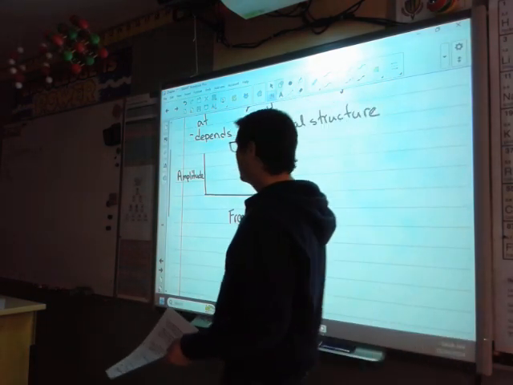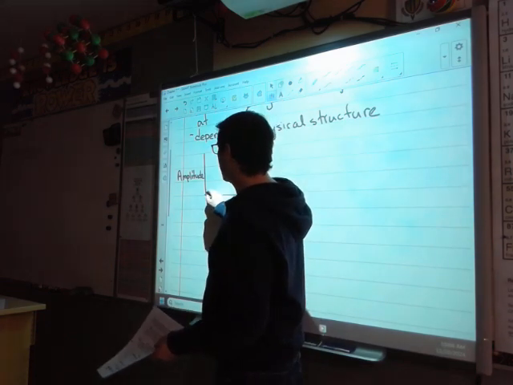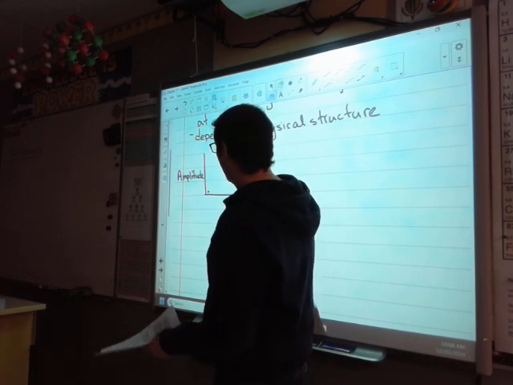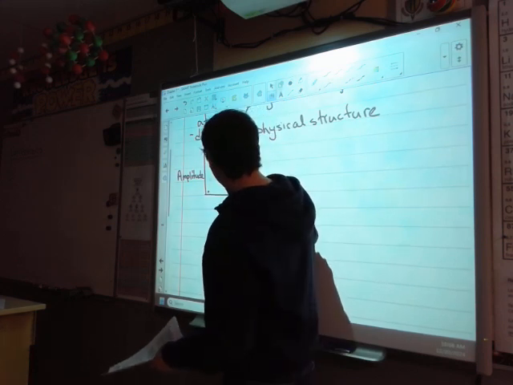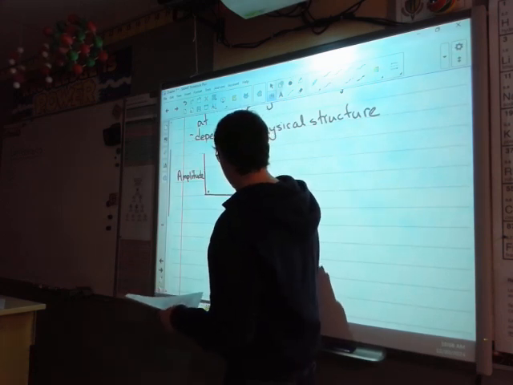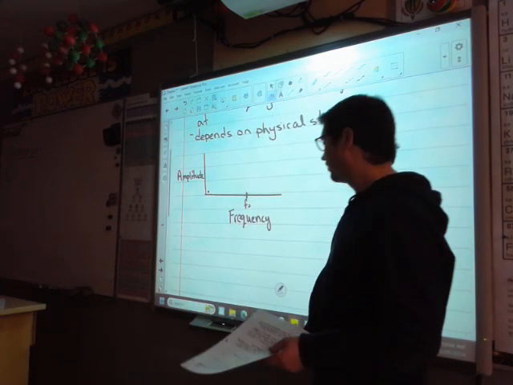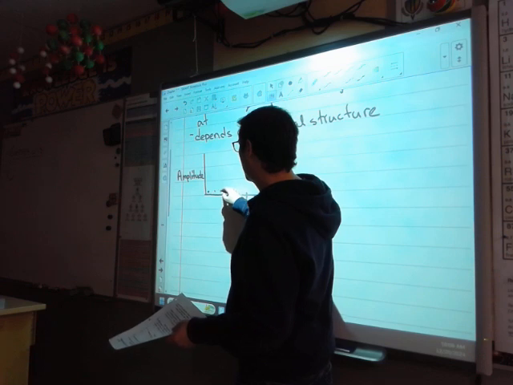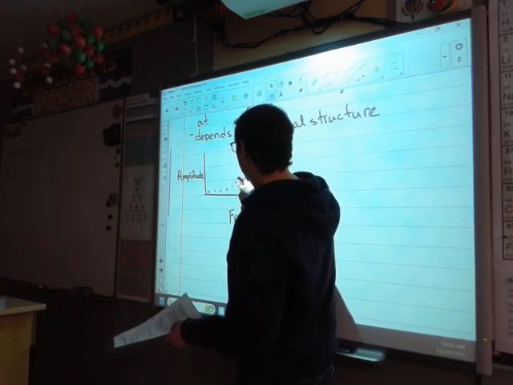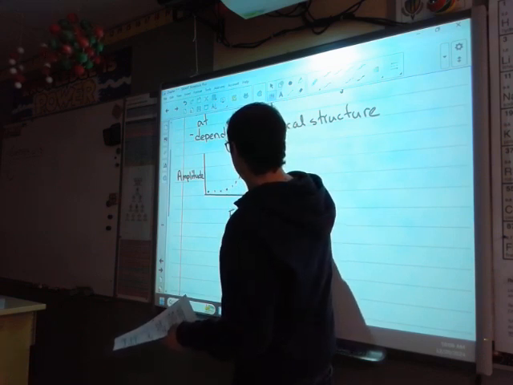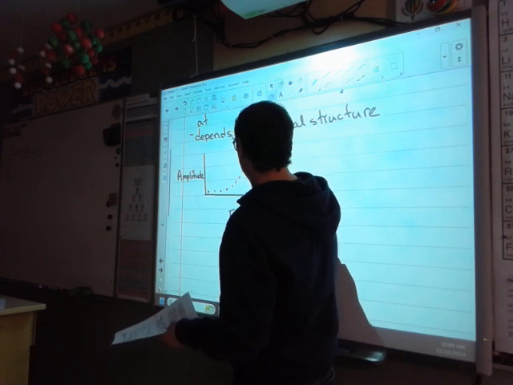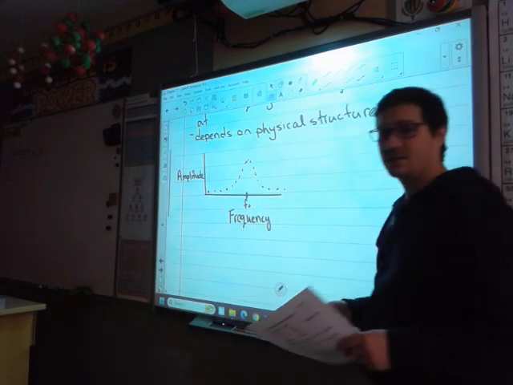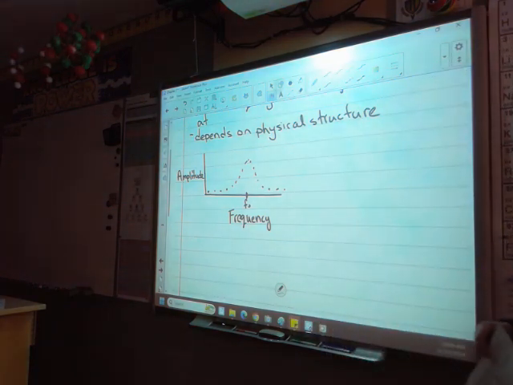What we would see is that some frequencies don't cause a really big amplitude at all. But as you get really close to what we call F0, the natural resonant frequency of that thing, as you get closer and closer to the natural resonant frequency, you can cause really sharp increases in the amplitude of it, right?